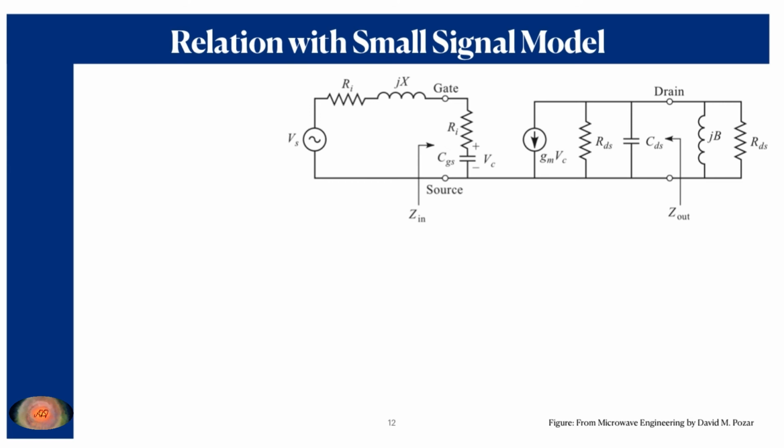The small signal but high frequency model, because as we are going to use such a device for microwave applications, the small signal high frequency model should be used in place of the transistor that you are using as an amplifier over here.